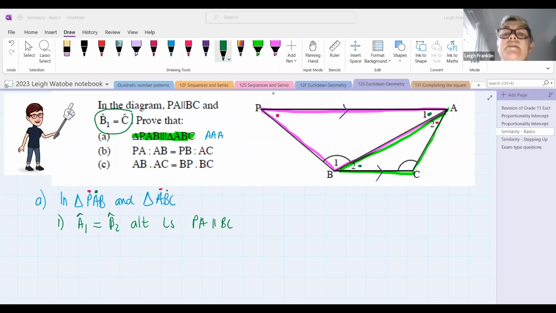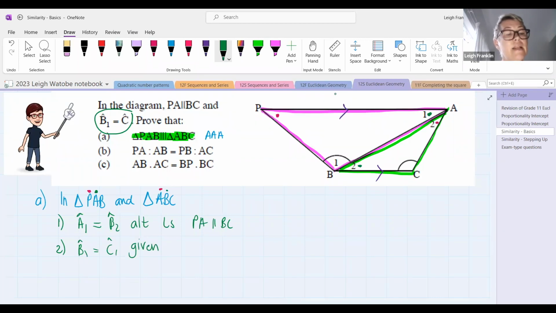Yes, Natalie, that's exactly it. So if there's no immediate connection between the two, don't stress. Go and have a look at the remaining two angles and see if you can work with those. So we found A1 and B2. There is a reason why there. And then here, the second bit is going to be B1 and C. And that is because it's been given to us. So that's also really nice of them because it has been given.